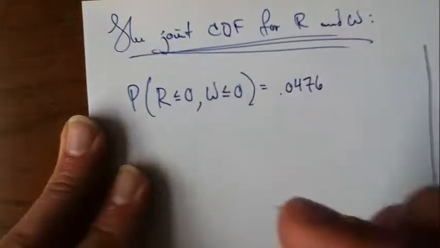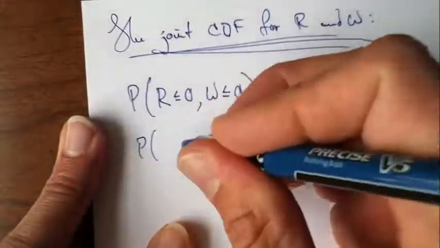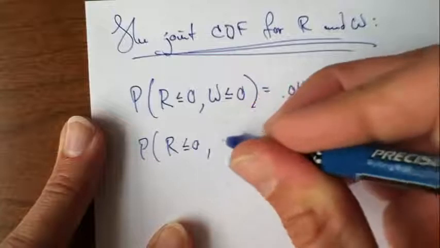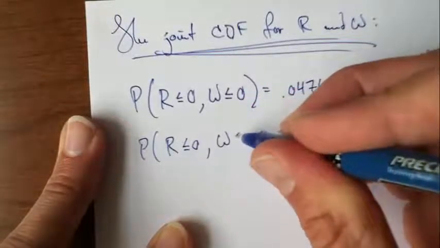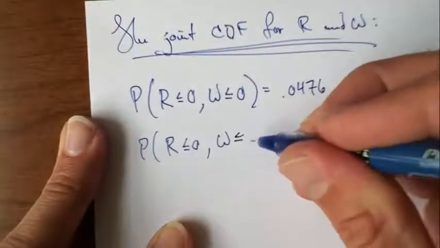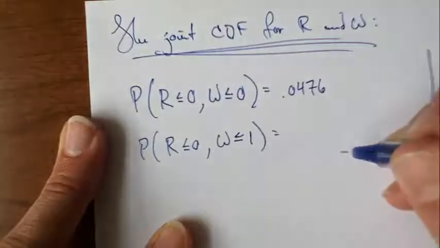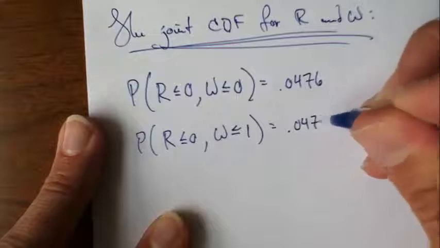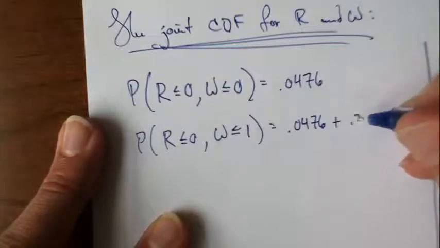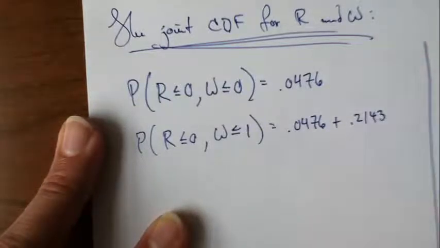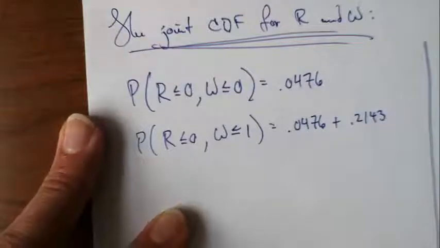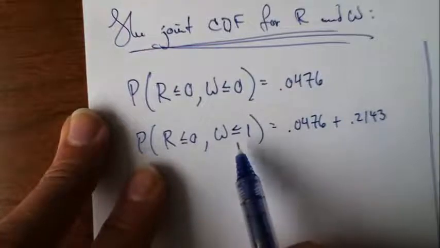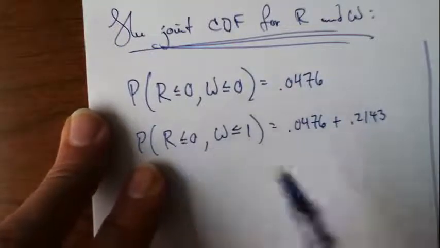What's the probability that R is less or equal to 0 and W is less or equal to 1, say? Isn't that going to be 0.0476 plus 0.2143? Right? It's the chance that you see no reds and no whites, plus the chance that you see no reds and exactly one white.